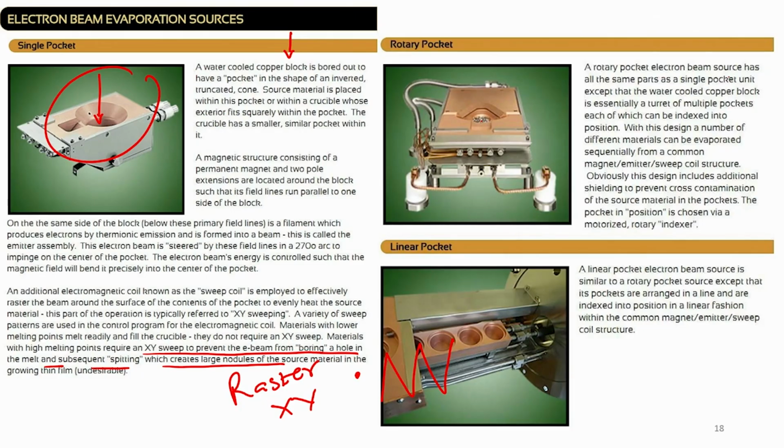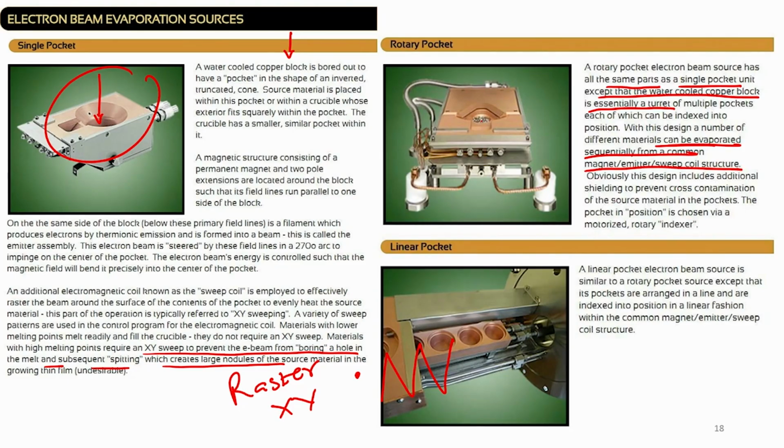Let us see the rotary pocket. A rotary pocket E beam source has all the same parts as a single pocket unit, except that the water cooled copper is essentially a turret of multiple pockets, each of which can be indexed into position. With this design, a number of different materials can be evaporated sequentially from a common magnet, emitter and sweep coil structure, right. So, this is the advantage.